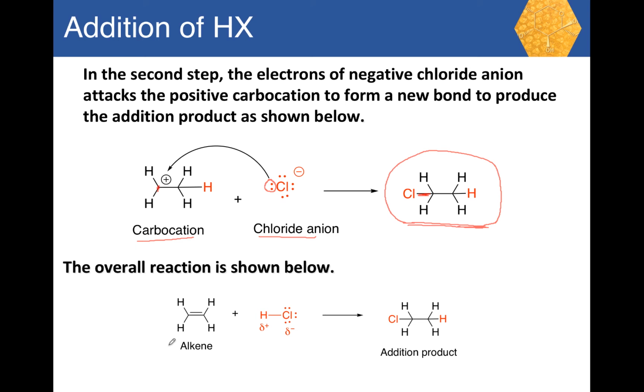So the overall reaction is this alkene reacts with HCl to give this as the product, but it's a 2-step reaction where these electrons react first to form this bond with the H, and in the next step this chloride reacts to form this bond to form the product. A mechanism is a step-by-step description of how the reaction occurs using arrows to indicate electron movement.